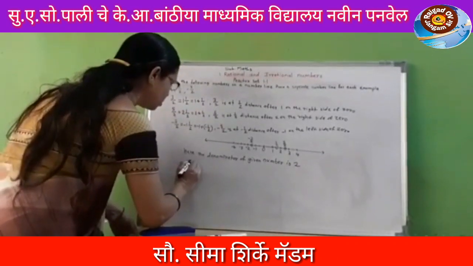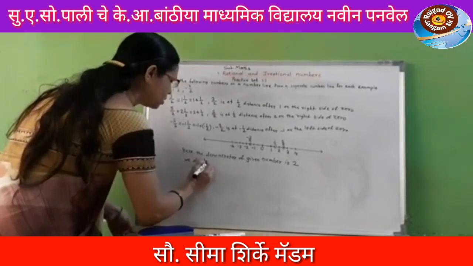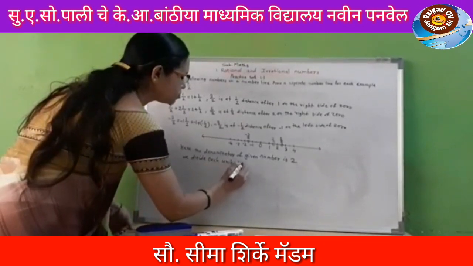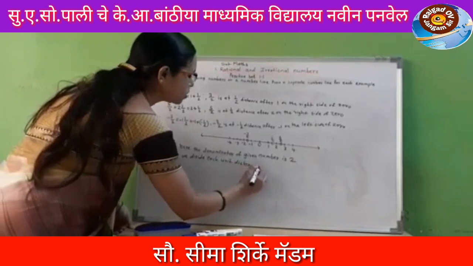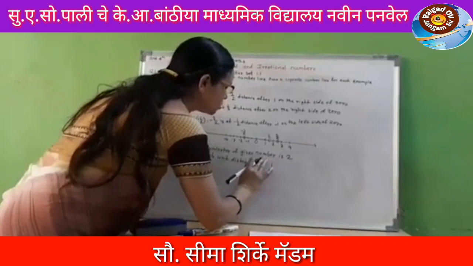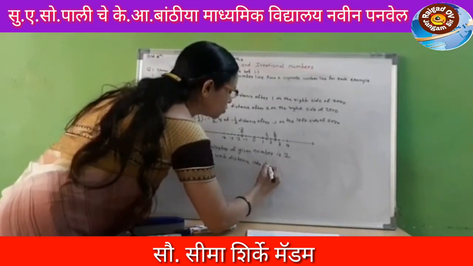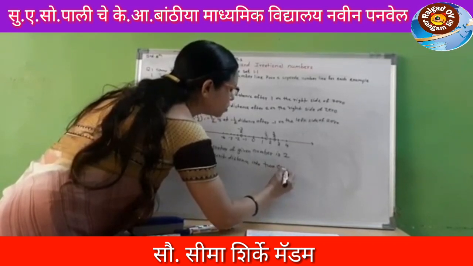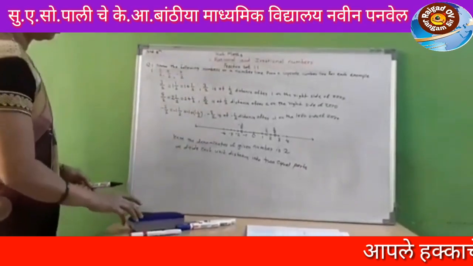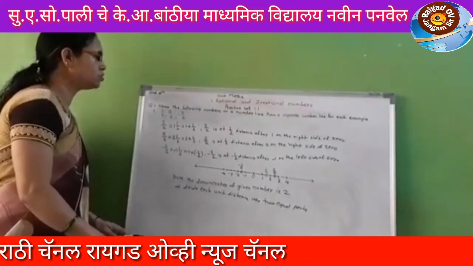Therefore, we divide each unit distance into 2 equal parts. This sum is complete. Write down this sum in your notebook.